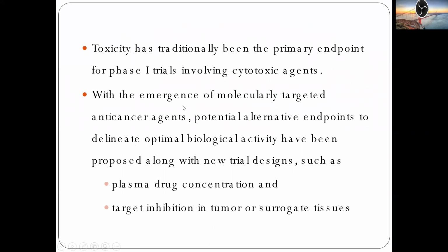However, with the emergence of novel targeted therapies and monoclonal antibodies, the binding of the target, what we otherwise call the biological activity (BA) of the molecule, is the endpoint in phase 1 clinical trials, with which we get the plasma drug concentrations as well as the target inhibition in the tumor or the surrogate tissues.